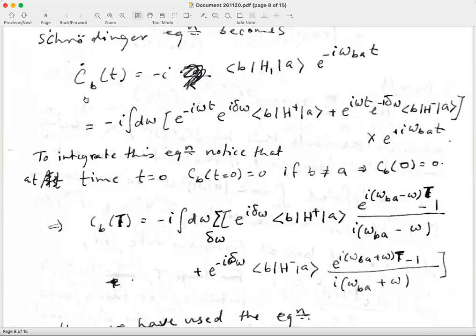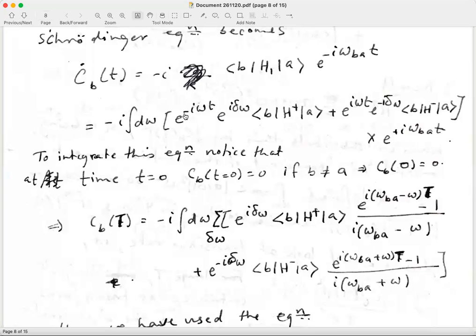What we are doing here is carrying out the integral on the left hand side with respect to time and the integral on the right hand side with respect to time. When you do the integral on the RHS, you get terms of two types: e to the I omega BA minus omega times t, or e to the I omega BA plus omega times t. These are the two factors you would get.